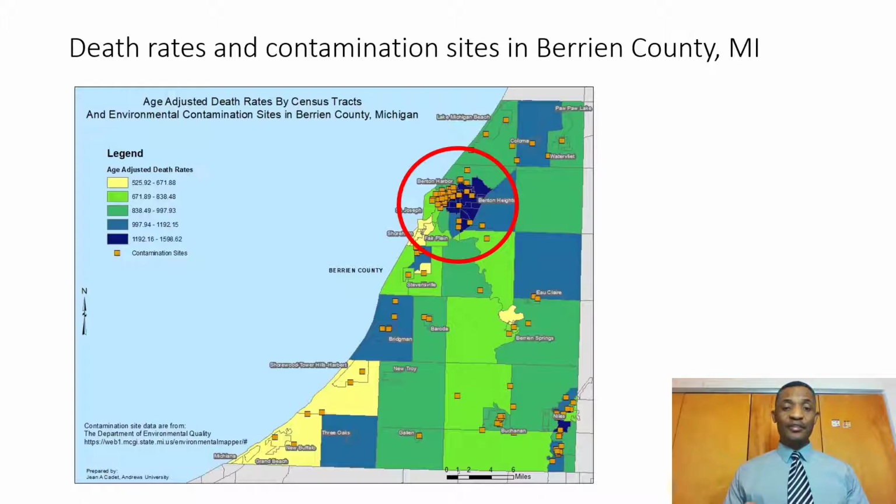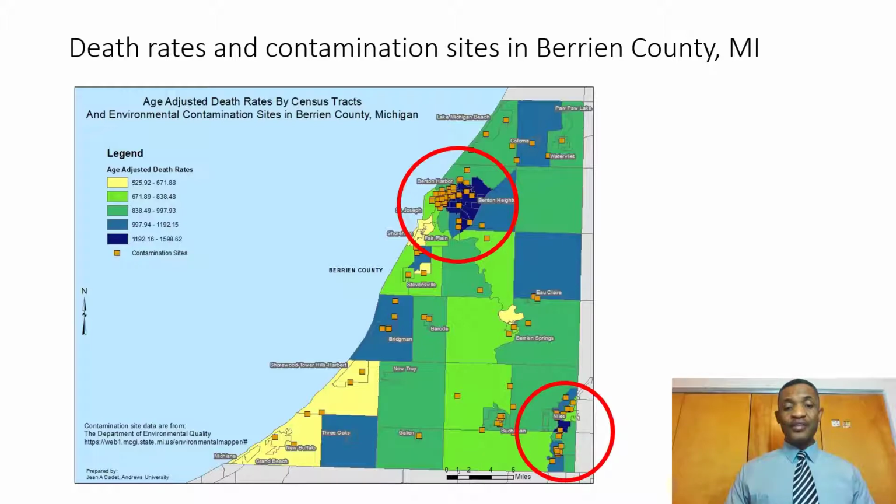So ArcGIS allows us to overlay the contamination sites on the areas where you have the highest rate of deaths. So for planning purposes, that's important information to know, either for cleanup or other measures to see if there is a correlation between those contamination sites and the fact that we have higher death rates in that area.